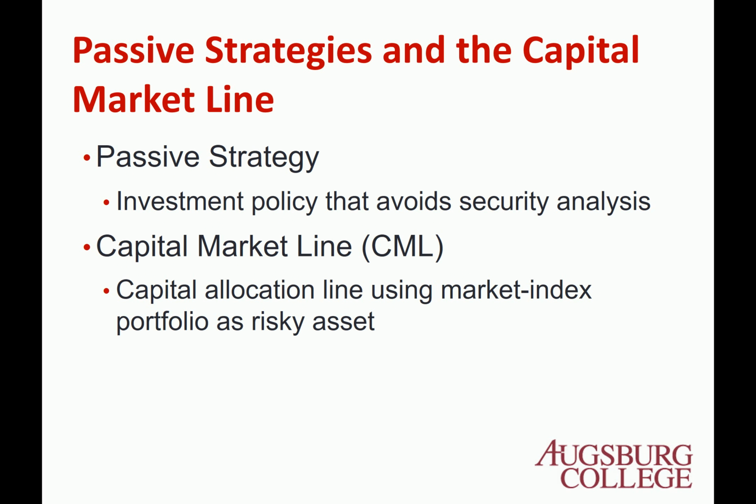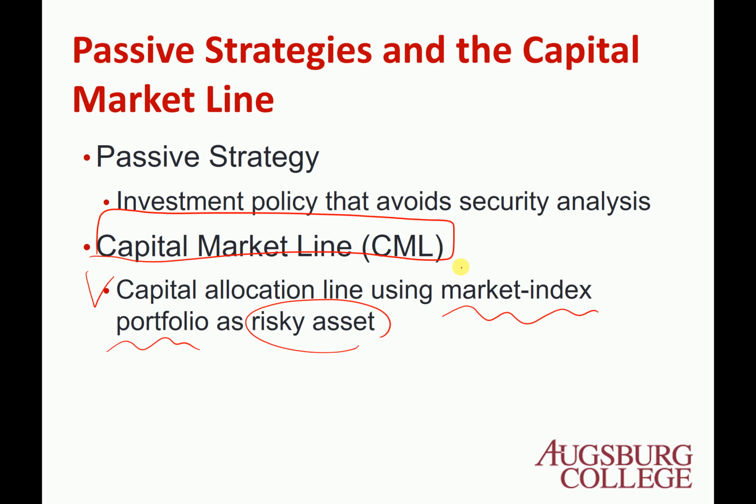Passive strategy, we just leave it. You take just the market return. We don't do security analysis if you pick the passive strategy. It means that you just follow the capital allocation line, the capital market line, using the market index portfolio as the risk asset.